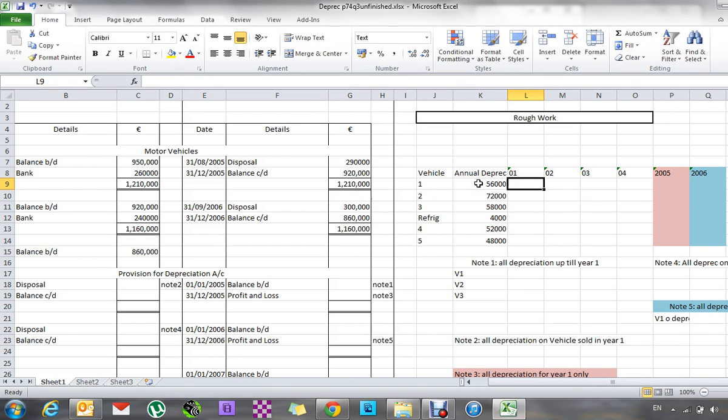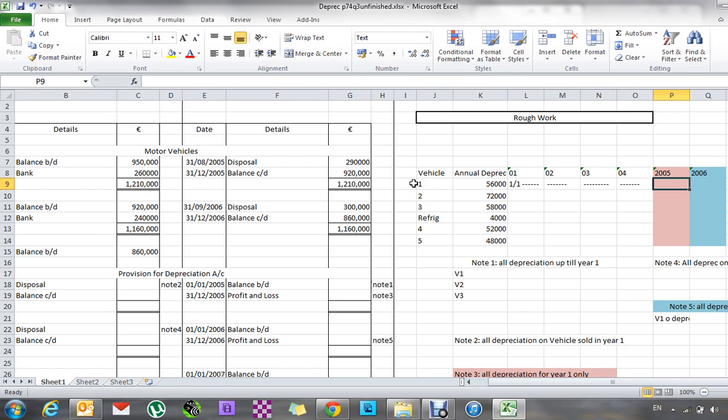So now I put in the dates that I've had each vehicle, so I can multiply the amount of time I had it by the annual depreciation, and that will give me the figures to go in the different parts of the accounts. The first one I bought on the 1st of the 1st, 2001. I had that for all of 02, all of 03, and all of 04.